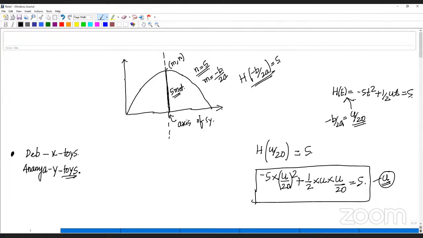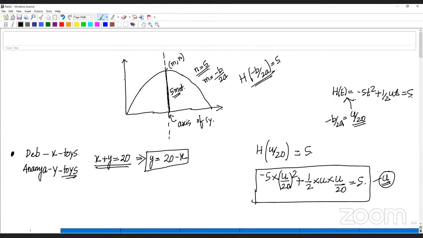The next thing is, given that they have bought 20 toys, that means if I add x plus y, then I should get 20, correct? Yes. That means y equals 20 minus x, correct? So I'm just writing this first line mathematically.